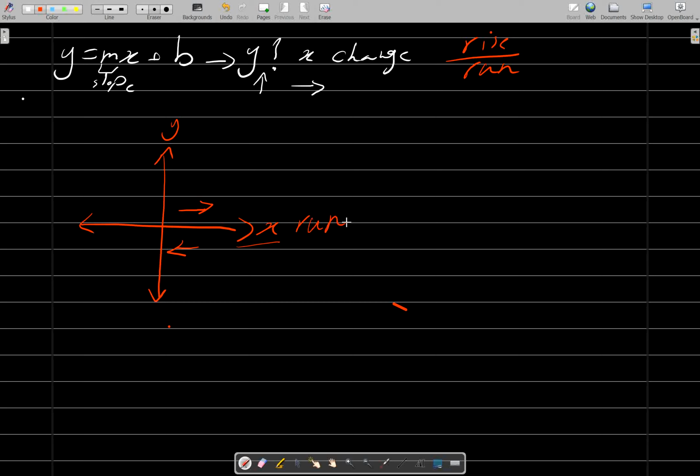Every change on the y-axis, like 2 units going up or 1 unit going down, is part of our rise.